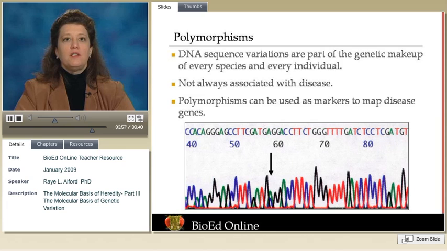This nucleotide substitution is detected as a dual peak in the output of the sequence analysis software. In this case, the DNA sequence variation results in a missense mutation. The detection of variations in the DNA sequence of a gene that are of uncertain biological consequence can complicate the interpretation of genetic test results.